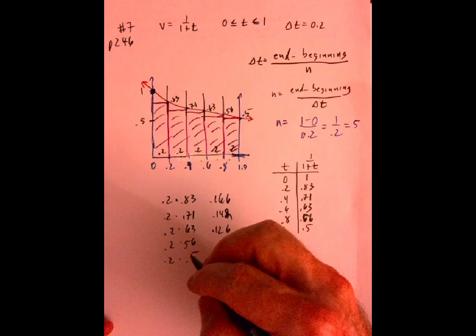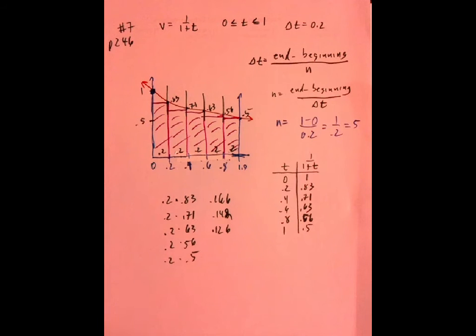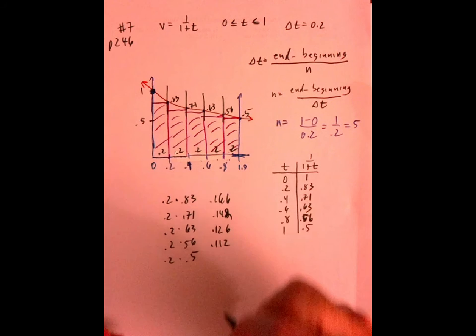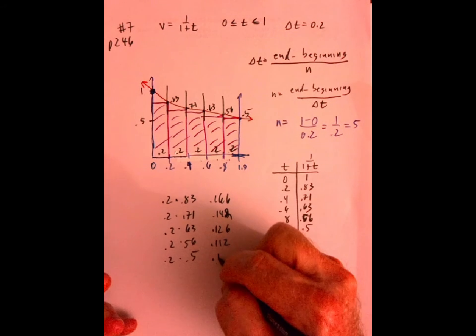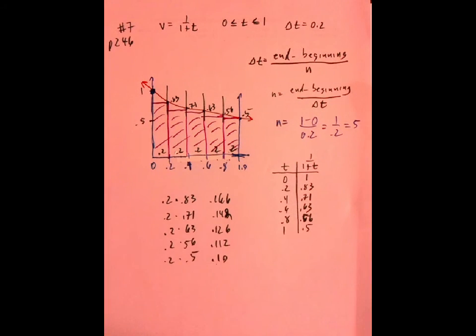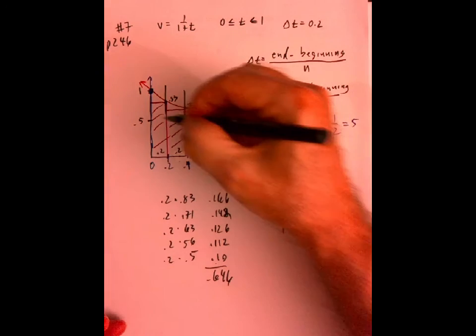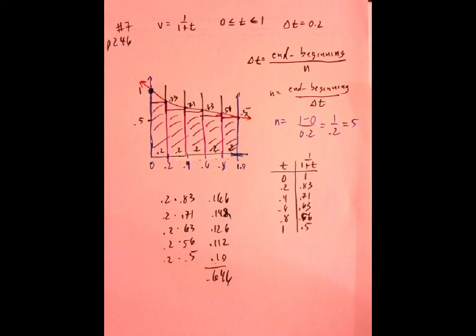And then this one is 0.112, and then of course that's 0.10, right? And then we add them all up, right? 0.166 plus 0.142 plus 0.126 plus 0.112 plus 0.1, and that is 0.646. So that's the underestimate here, is the 0.646.